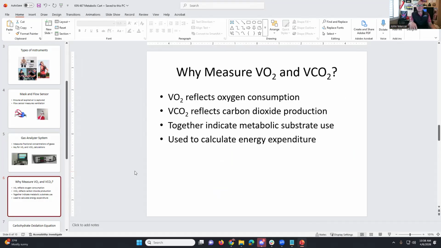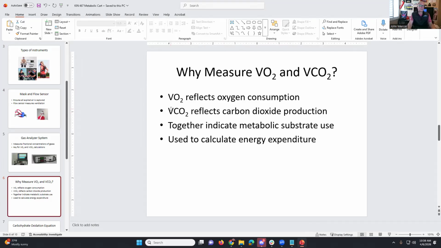So why measure both VO2 and VCO2? Well, this really tells us a lot about metabolic processes, the processes used to take chemical energy and transform that over to mechanical energy. VO2 reflects our oxygen consumption, and if I want to talk about rate of oxygen consumption, I should put a dot over this, but we can also talk about VO2 and volume of oxygen. VCO2 reflects carbon dioxide production.